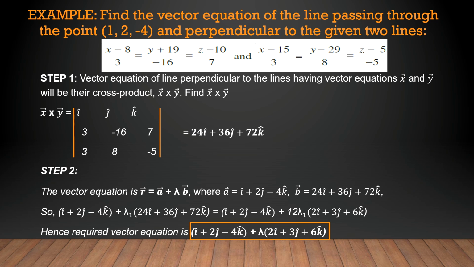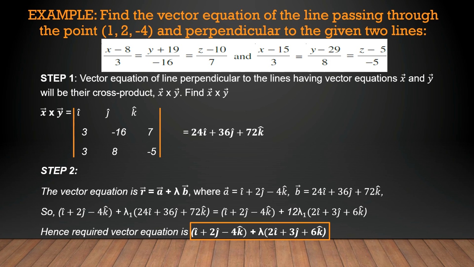In the second step, we use our general vector equation, which is r is equal to a plus lambda b, where a is that point which is given to us: 1, 2, minus 4 means i plus 2j minus 4k. And b is that of the line which is parallel to it. So I have first of all found, from the two given lines, a vector which is perpendicular to both the lines. So it will give me the vector b, which I have found as 24 i cap plus 36 j cap plus 72 k cap.